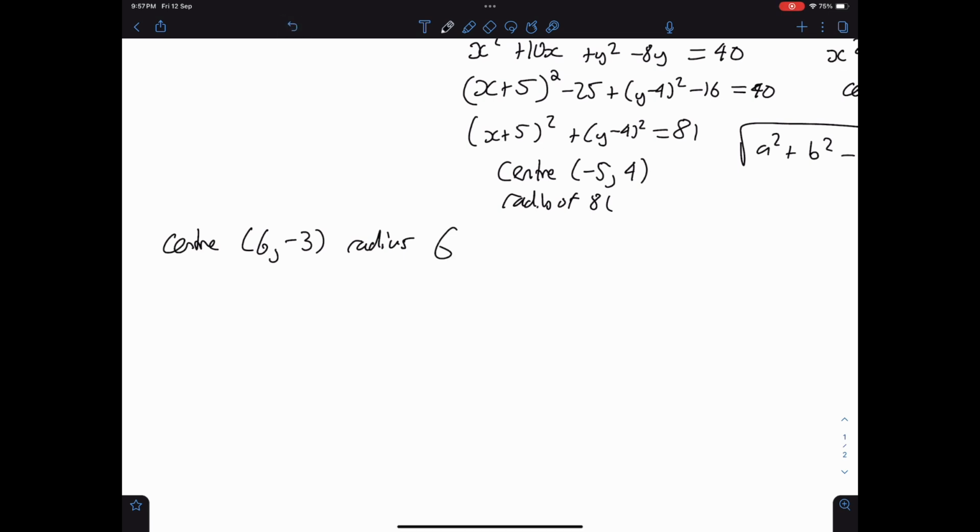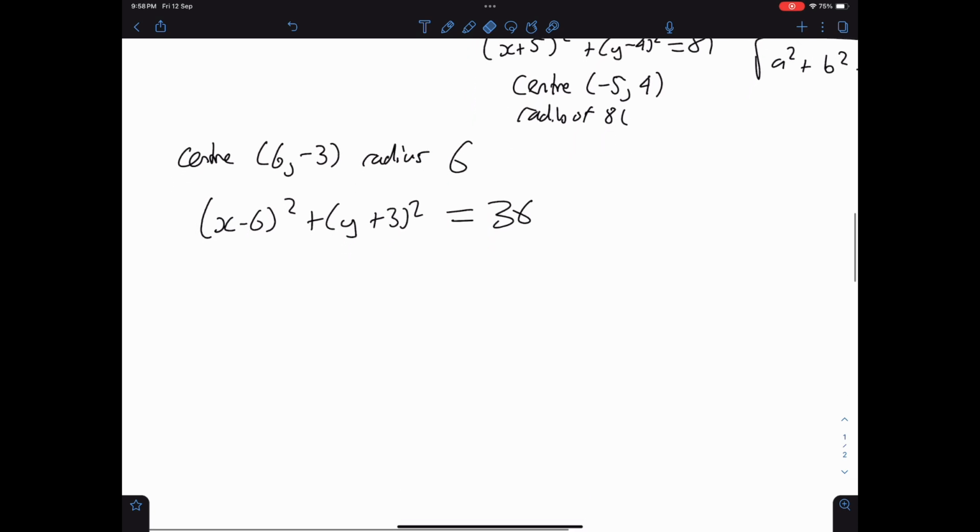You'd just be going x minus 6 squared plus y plus 3 squared equals 36. Easy. Centre and radius, that's so free. And it's so free that you probably won't get it in an exam.